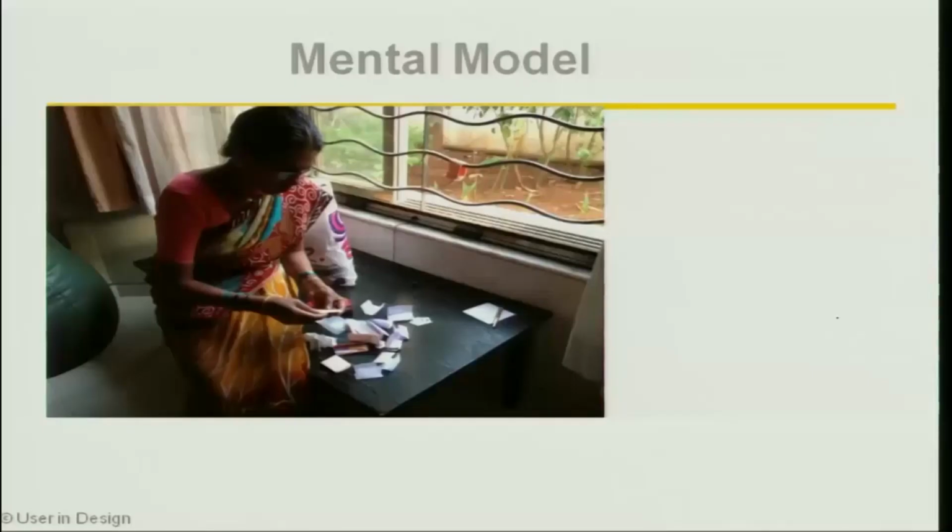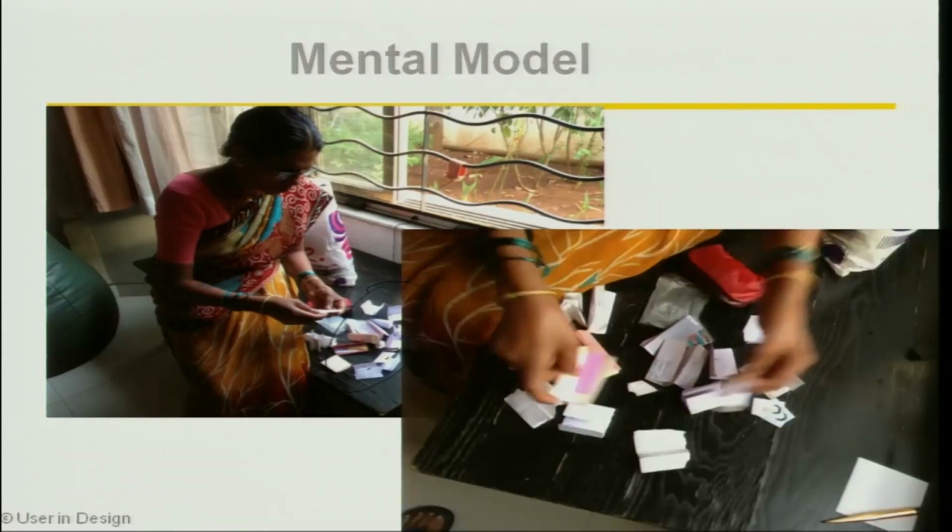This is how she stores her numbers, in little chits of paper in her purse, okay? And then when she needs to find a number, this is how she's rummaging through the whole thing.